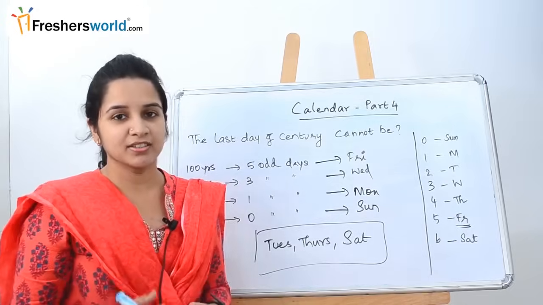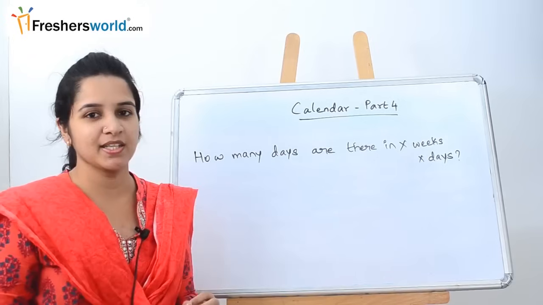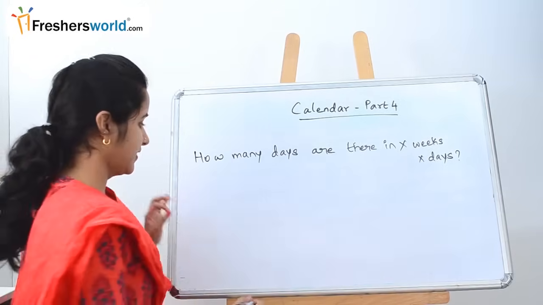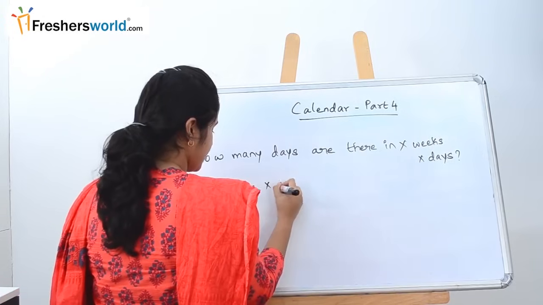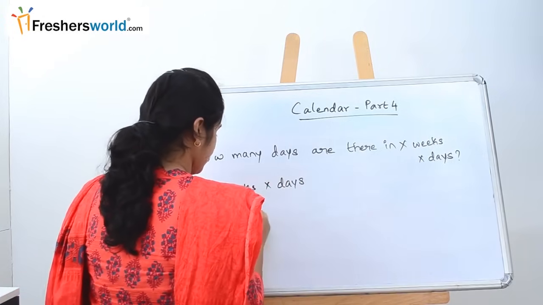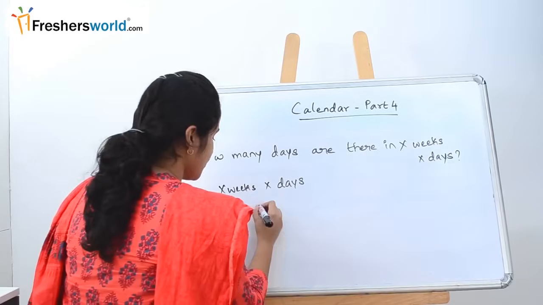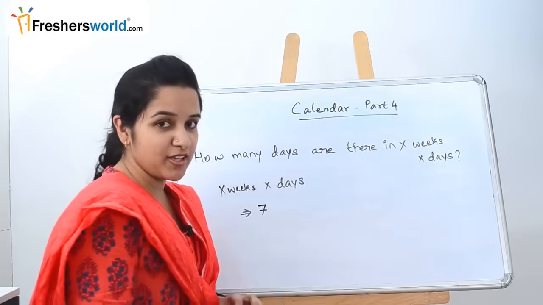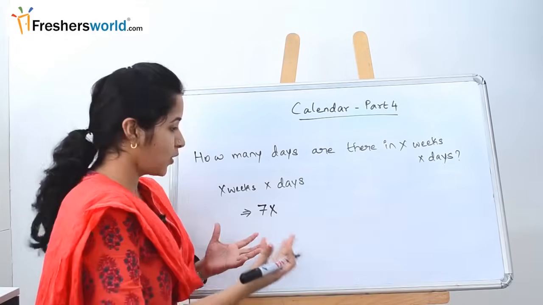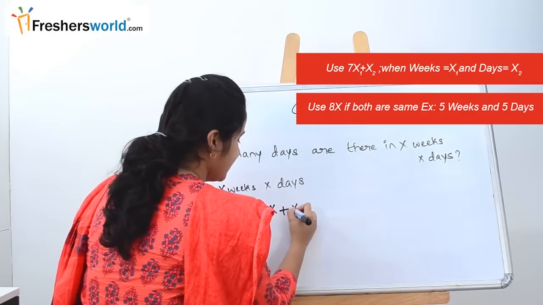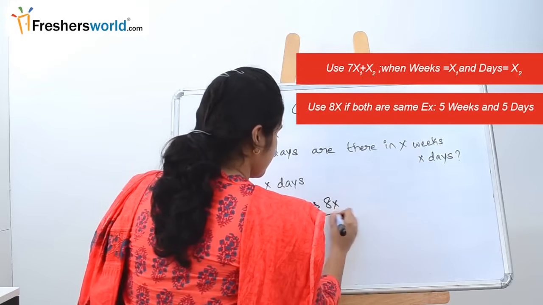Let's solve another sum. The next question is, how many days are there in X weeks and X days? Number of weeks they have given is X, and X days. We know that in a week there are 7 days. So 7 into the number of weeks, which is X, plus the number of days, which is another X. So 7X plus X is equal to 8X.